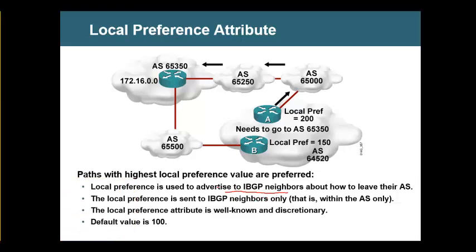Now, what is the use of this local preference? This advises the iBGP routers how to leave the autonomous system if you want to reach some destination. For example, this local preference 200 that is set here will advise.